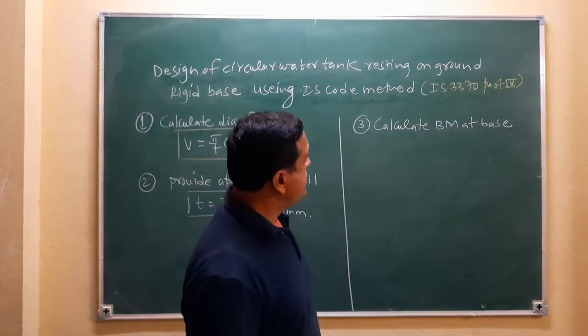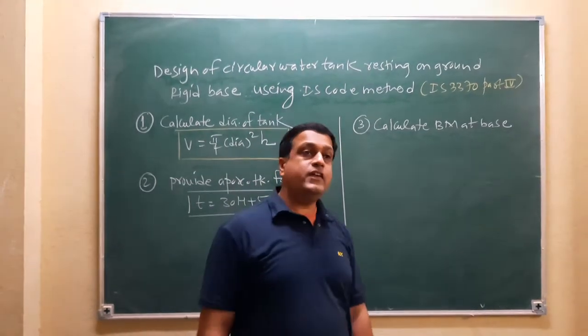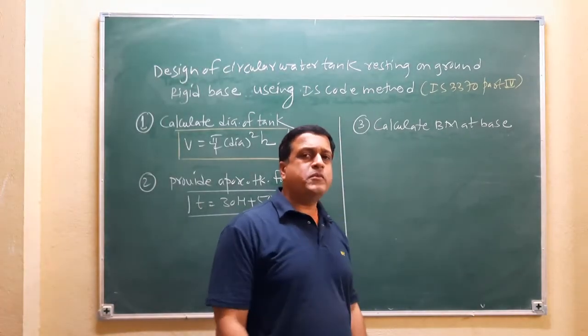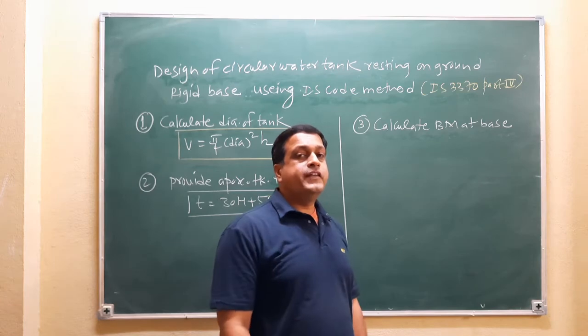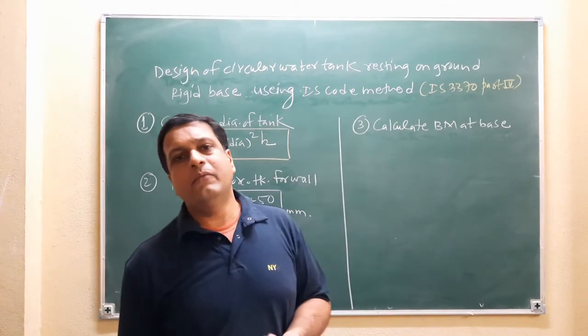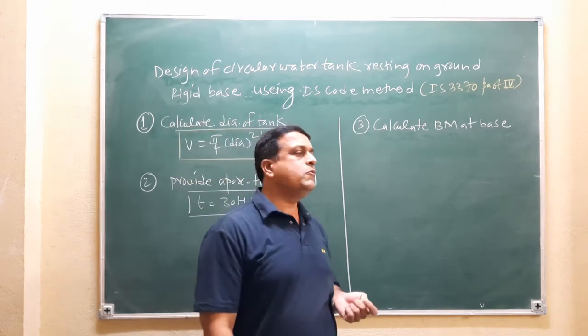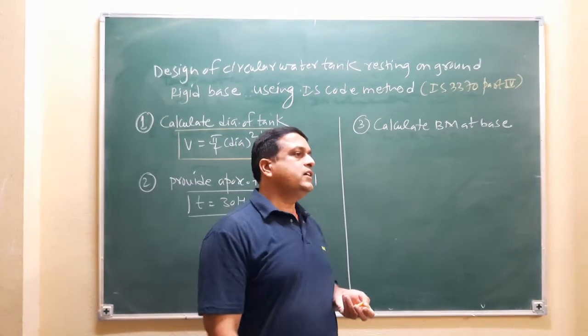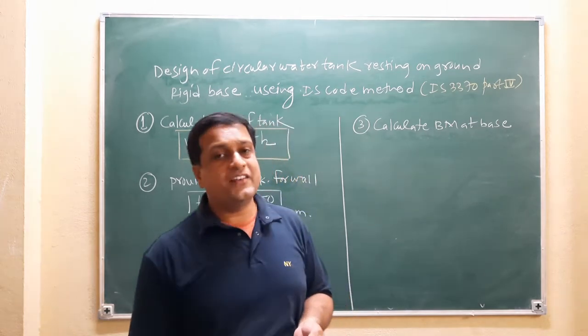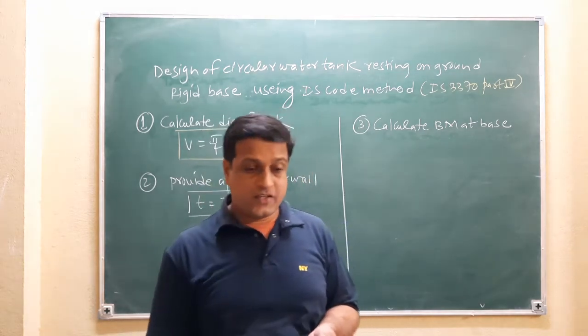Now in the previous steps, in the approximate method of design, what is the formula for hoop tension? What is the formula for bending moment? The formula for bending moment at that time is M is equal to gamma w into h dash square into h divided by 6.